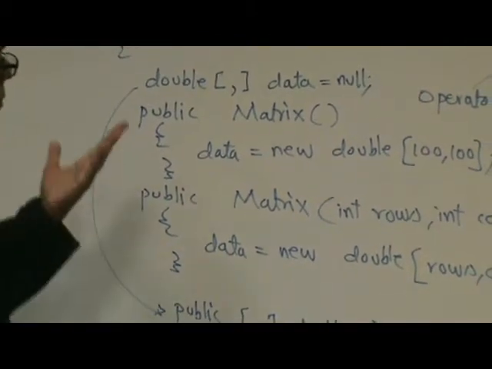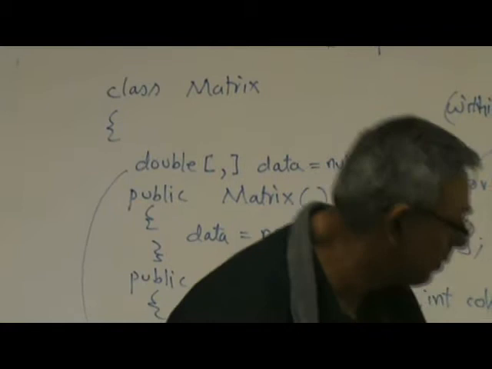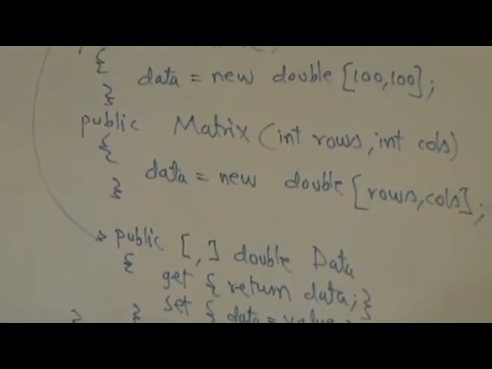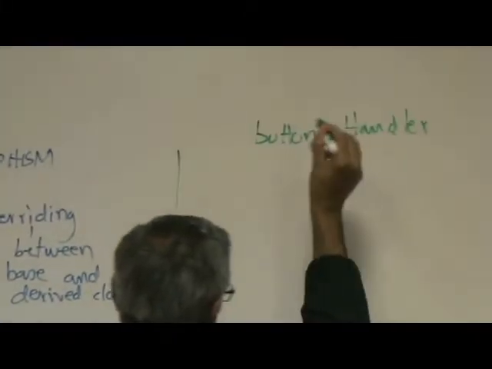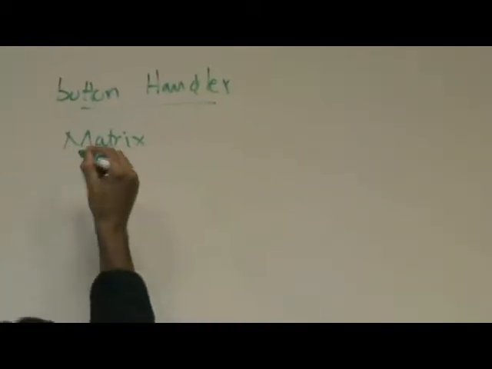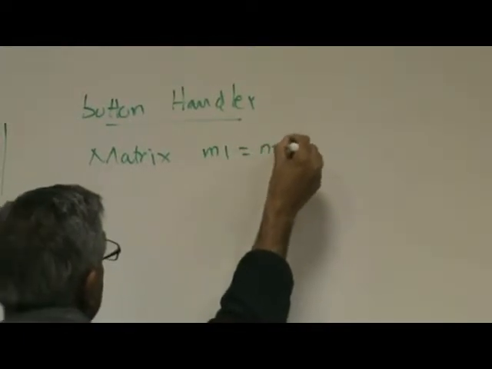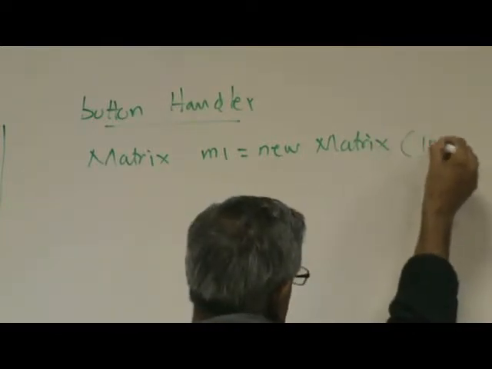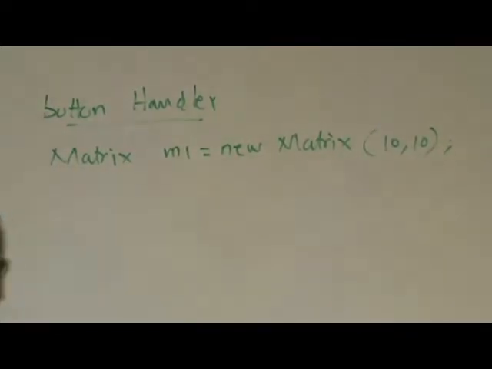Okay, so now if somebody created, let's say in one of the button handlers, so somewhere over here, so somebody wanted to create a matrix, right? So they will do something like this, matrix M1 equal to new matrix, and suppose they wanted a 10 by 10 matrix, right? So they will just simply call it like this, 10 comma 10, correct? Now, how will they store the data, let's say in row 0, column 0?